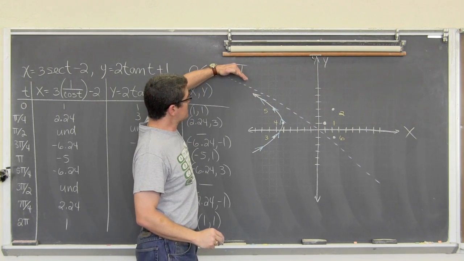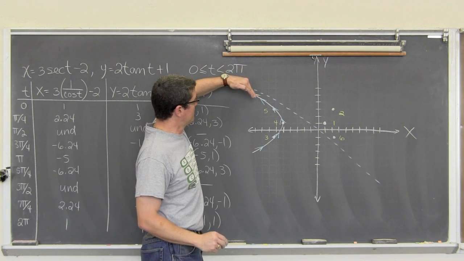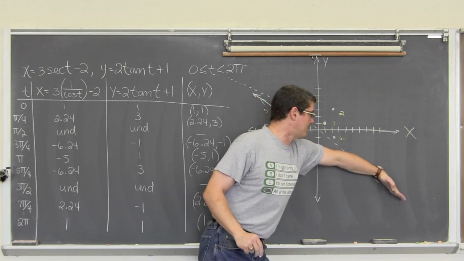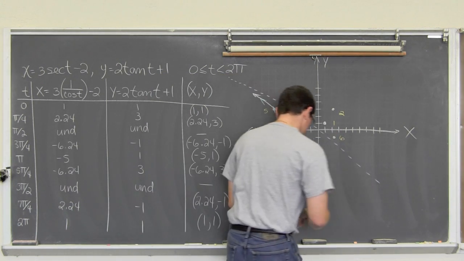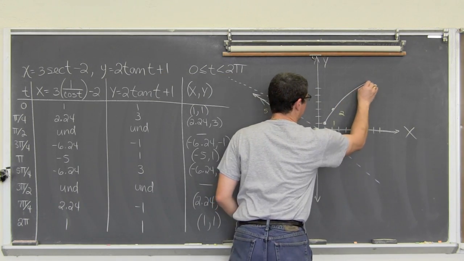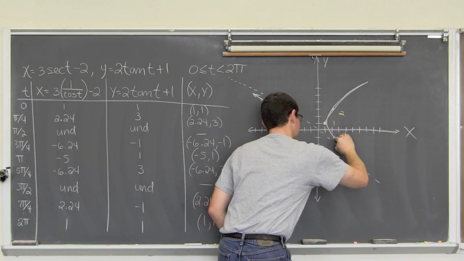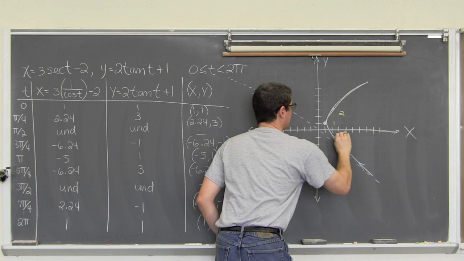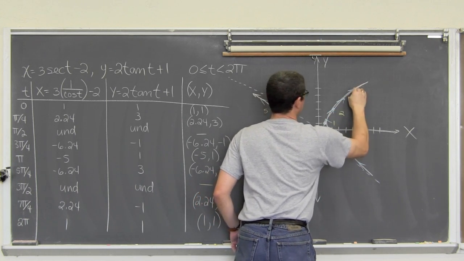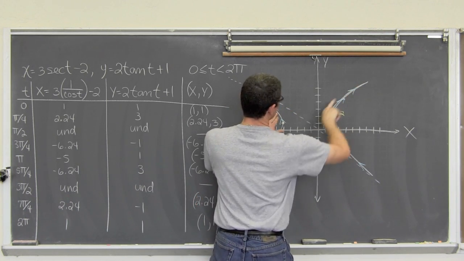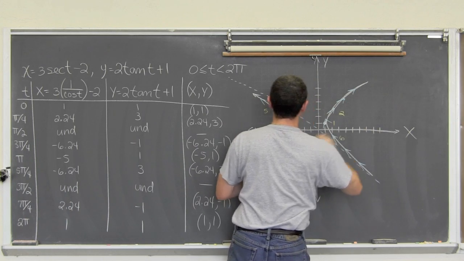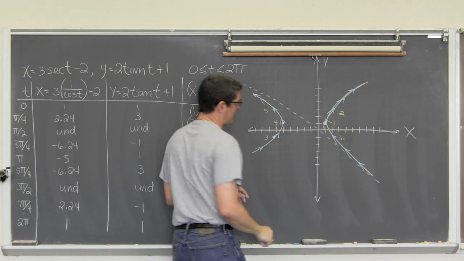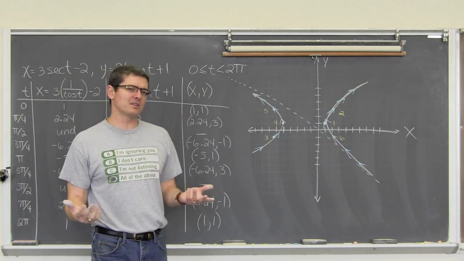And when it gets over that undefined value, to the other side of that asymptote, it's actually going to come back over here and swing through these points. So the graph on this side is coming up through this direction. I think I just got a little bit out of balance there. It's not really supposed to be going up that sharply. But I think you get the point, right?